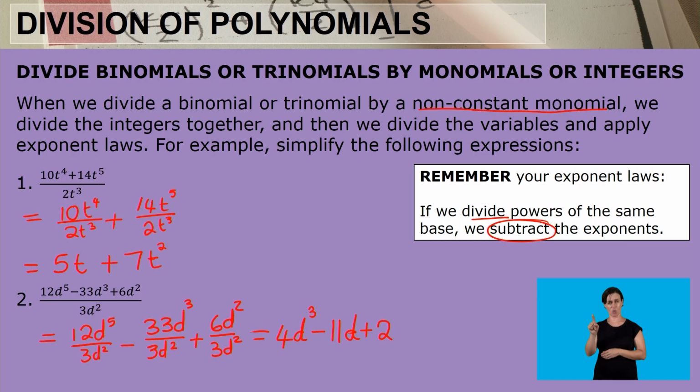But we can also say that since we are dividing the same power with the exact same power, those are properties of 1, we know that that is going to be a 1. So what is our final answer there? Our final answer is 4d cubed minus 11d, and we know 2 multiplied by 1 is 2, so that is going to remain a 2.